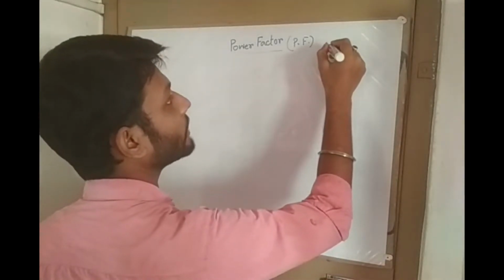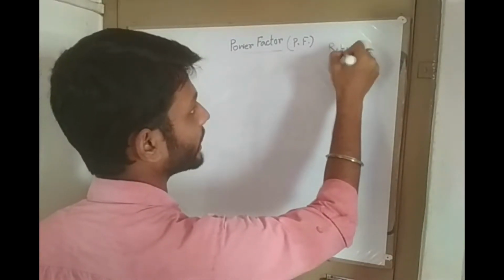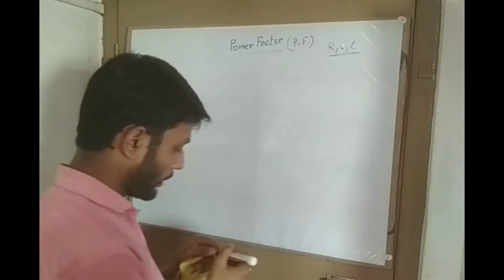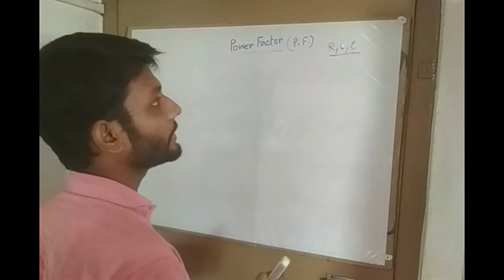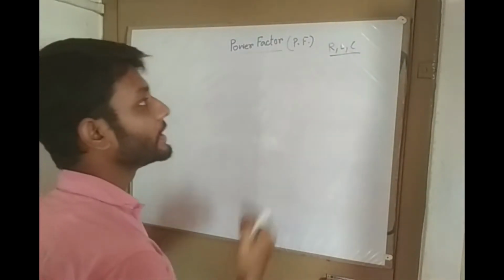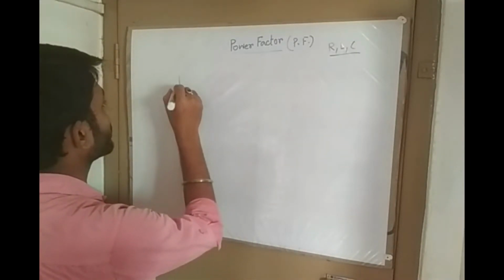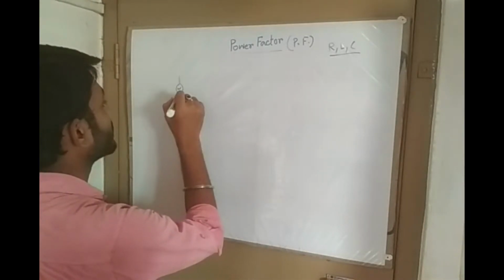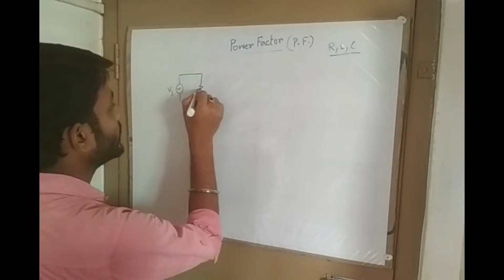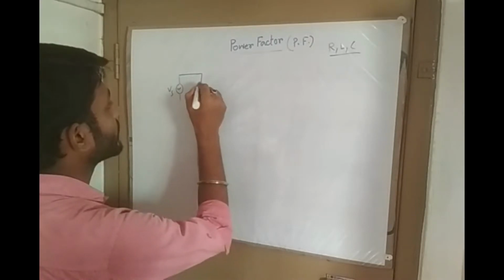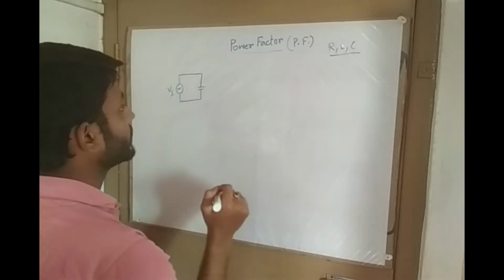In general, whatever load we use is either resistive or inductive or capacitive. The load may be resistive, inductive or capacitive in nature. Depending upon these three passive element parameters, we will see three cases here. Let's see. This is the supply voltage and the load is capacitive in nature, purely capacitive.